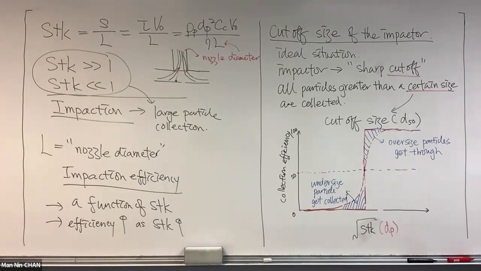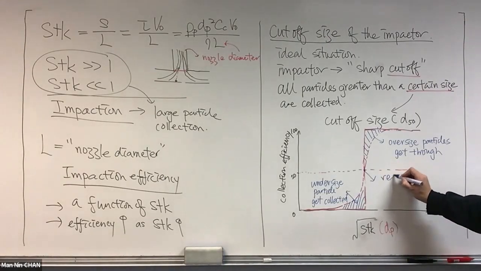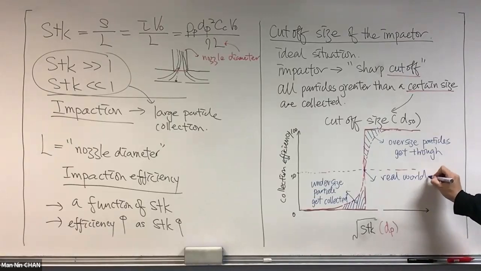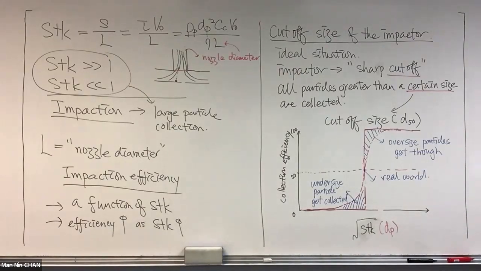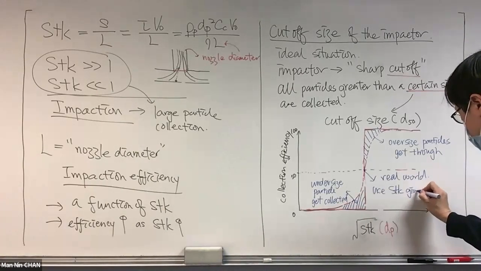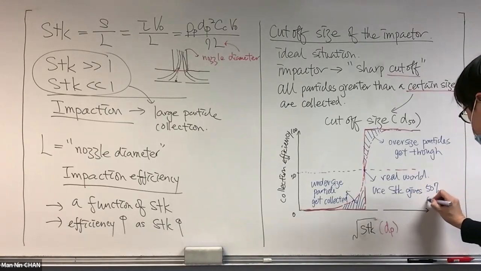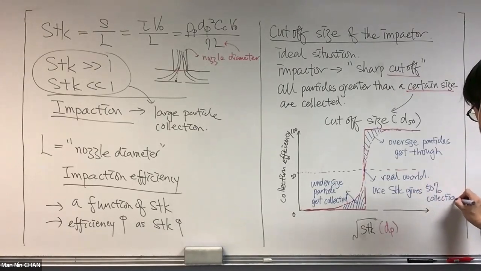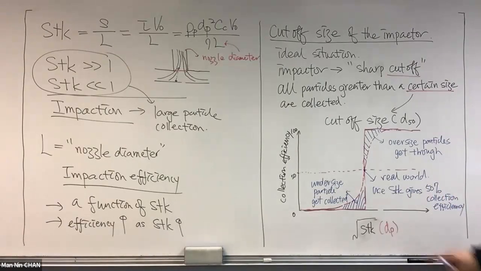So in the real world, when you say the cutoff size of the diameter of your impactor, you will use this 50% collection efficiency. So when you use the Stokes number, that gives you 50% collection efficiency, because you never get the ideal situation.